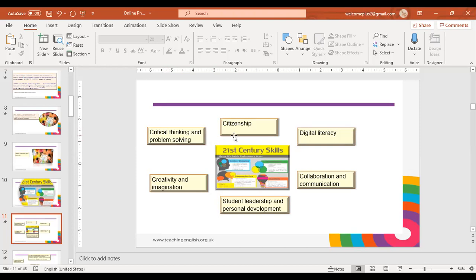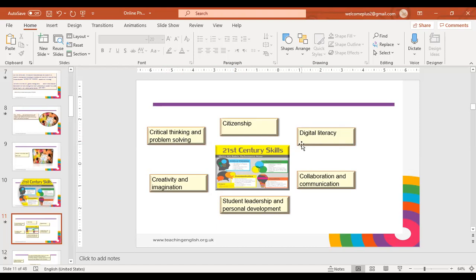Citizenship. What do you know about this concept? And do you think it's important in our schools? Yeah. Why? To know about their country, other countries, and the world. Yes, thank you so much.